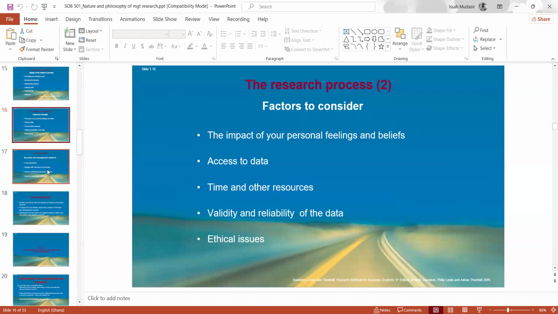So you see that a lot of the data we use, most of them are outdated. For instance, most people use Ghana Statistical Service data, the Ghana Living Standard Survey, which is done every 5 years.